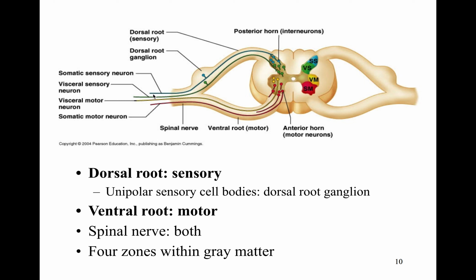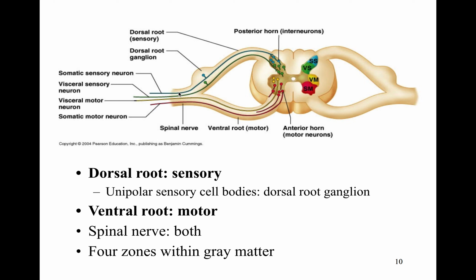If you have sensory information being received by the receptive endings of a unipolar sensory or afferent neuron, that afferent neuron is going to send information along its long axon all the way through the spinal nerve, up through the dorsal root of the spinal nerve, and synapse with interneurons in the dorsal horn of gray matter.